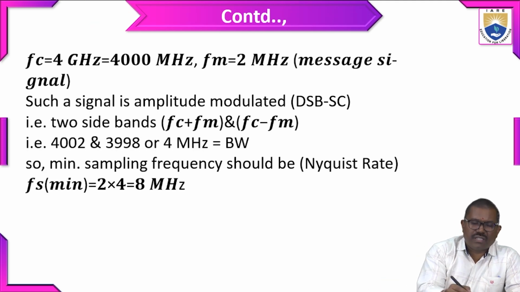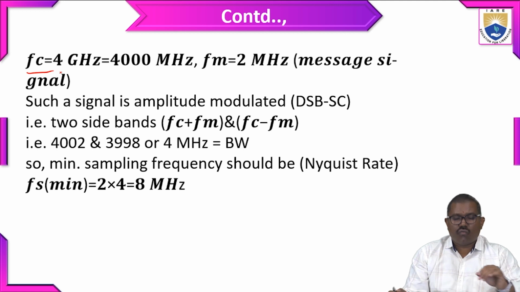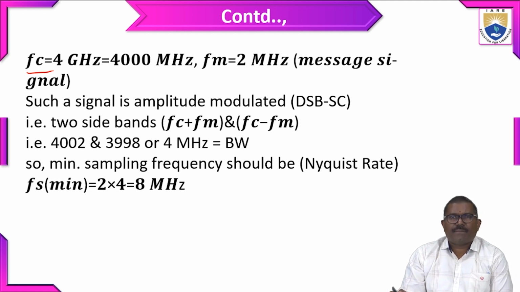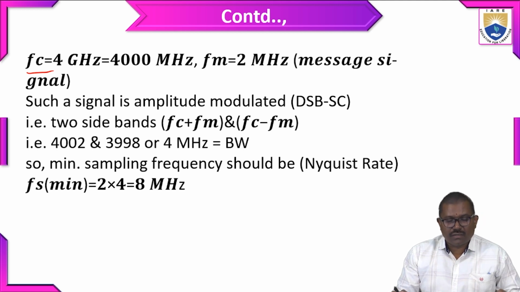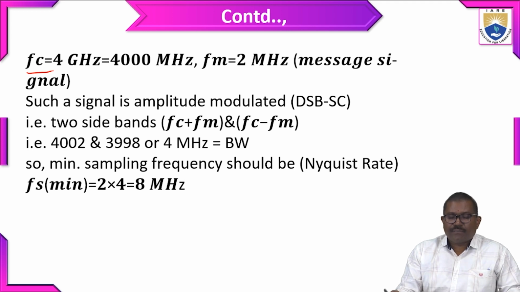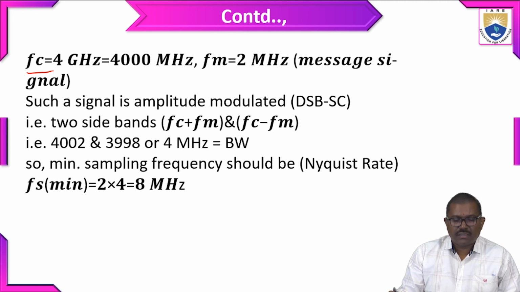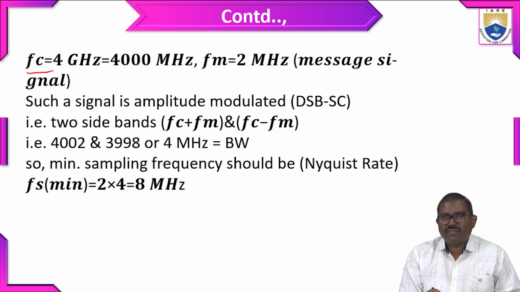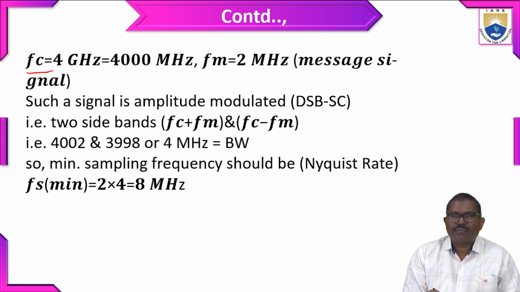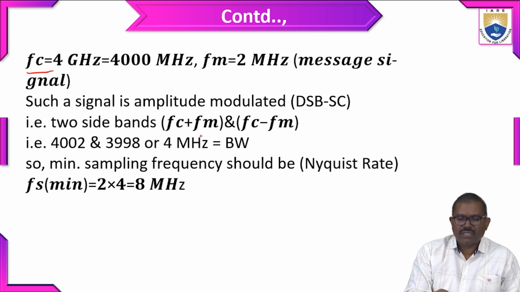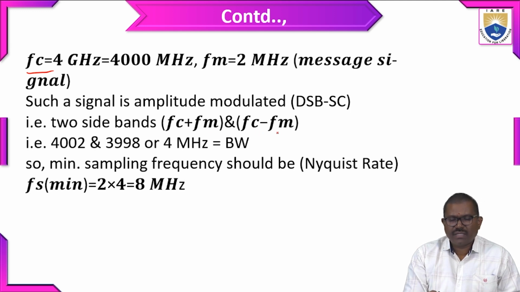Here fc, the carrier frequency, is 4 GHz, which we can write as 4000 MHz, and fm, the message signal, is given as 2 MHz. For the DSB-SC signal we have 2 sidebands, the upper sideband and the lower sideband, that is fc plus fm and fc minus fm.